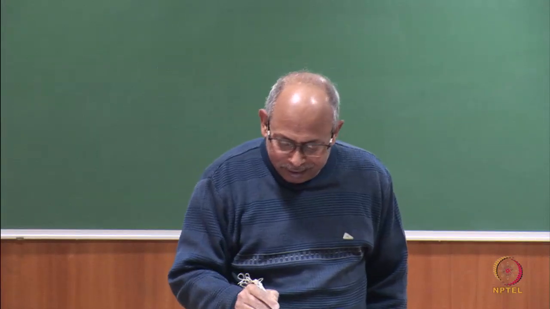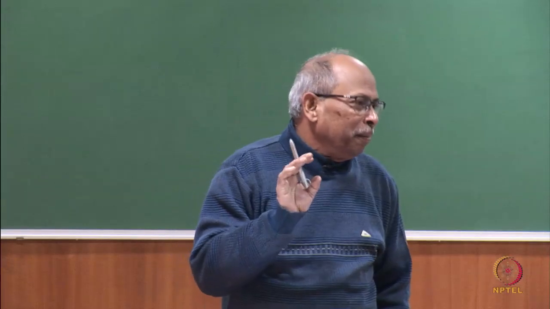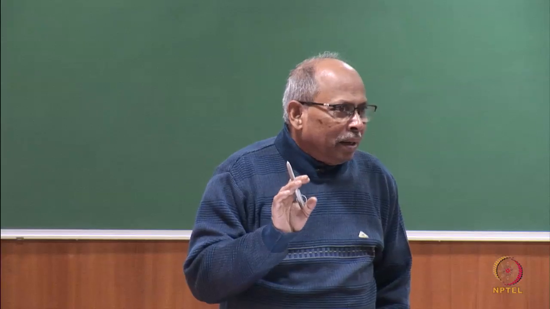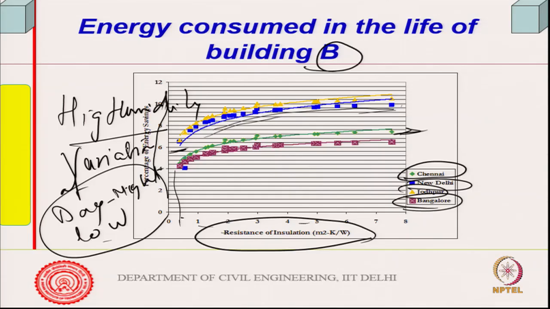But warm humid climate is where humidity is high, right? Humidity is high and diurnal variation is low. Maximum temperature, the annual maximum, is also low.